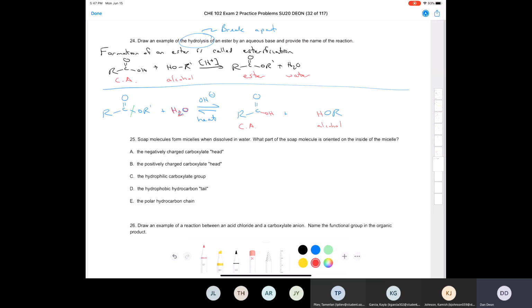Can anybody tell me the name of this reaction? It's got a really cool name. Who could tell me the name of this reaction? The hydrolysis of an ester in base.